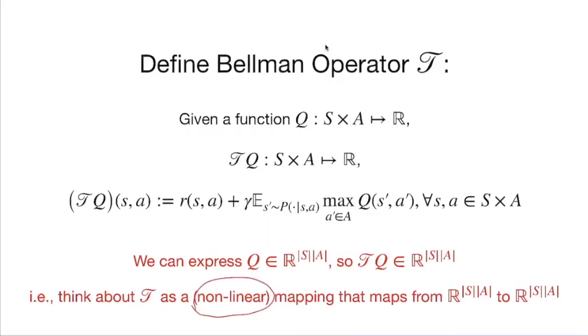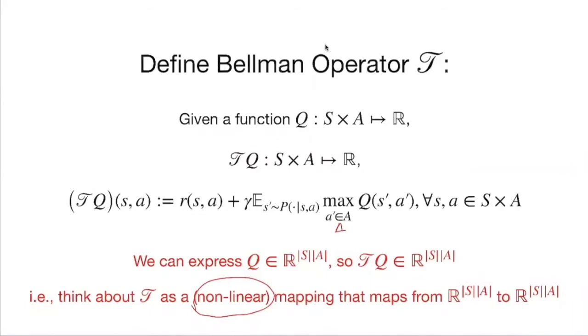Here I mentioned that this is a nonlinear mapping. It's not super important at this moment, but it is different from the linear algebra mapping that we defined for policy evaluation. This mapping is nonlinear because of the max operator.